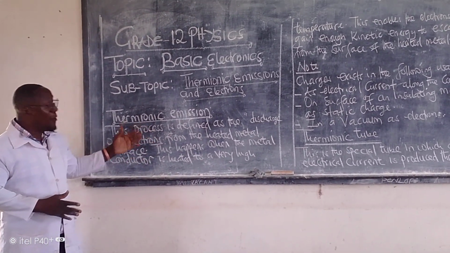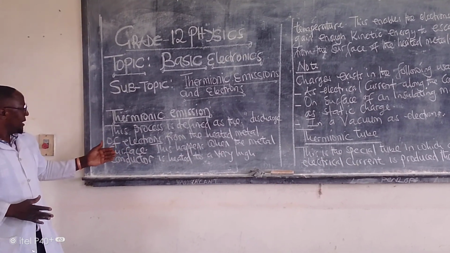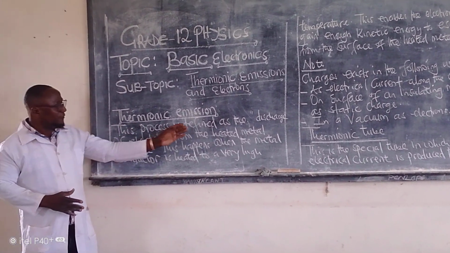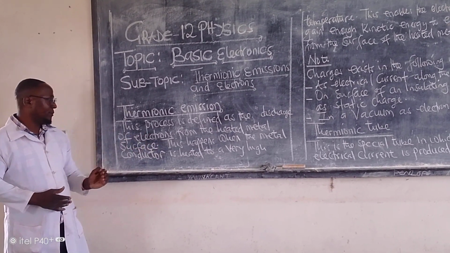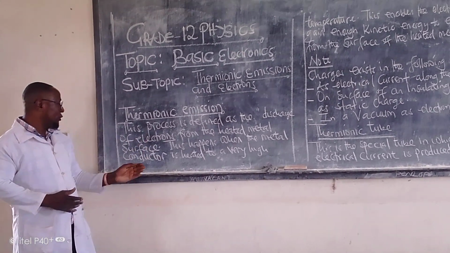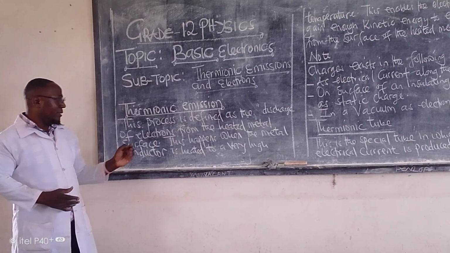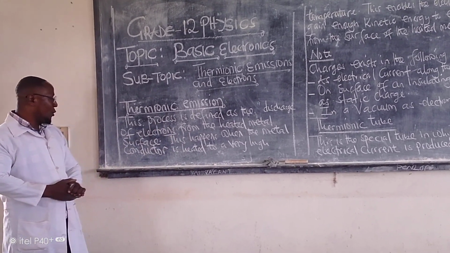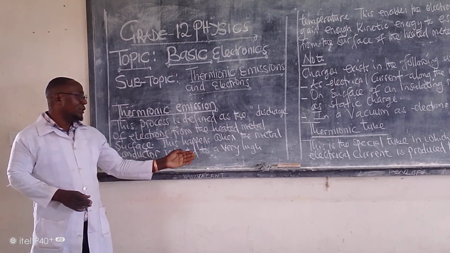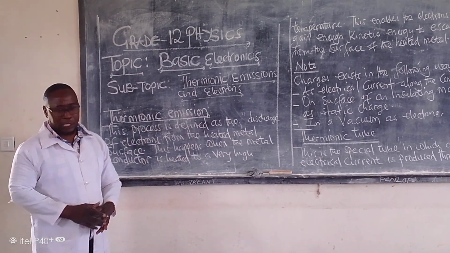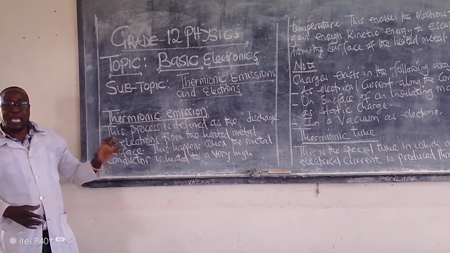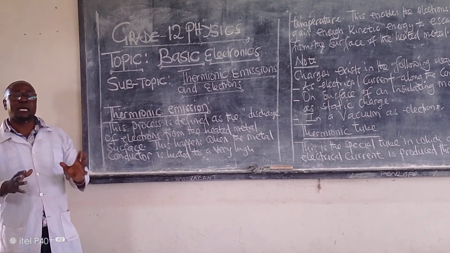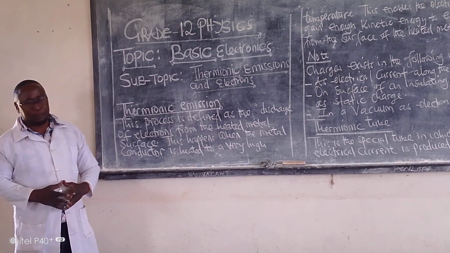According to our definition, this process is defined as the discharge of electrons from the heated metal surface. This happens when the metal conductor is heated to a very high temperature. This process can only occur when a metal surface has been heated up to a very high temperature.